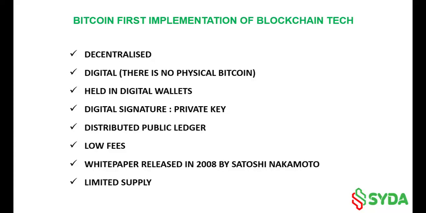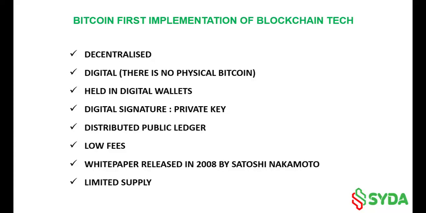We saw that remittance is one of the key places where blockchain is being used. So we are going to be looking at how Bitcoin comes into play in the case of remittance in the blockchain technology.